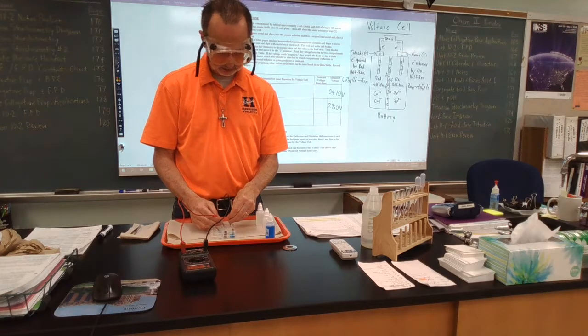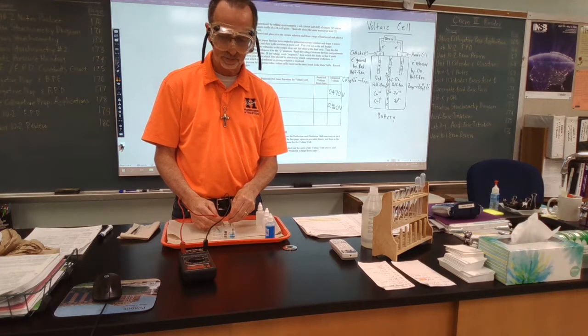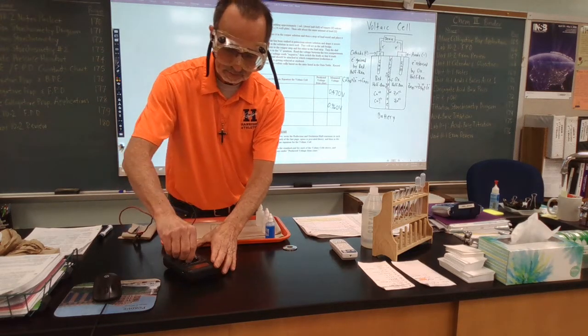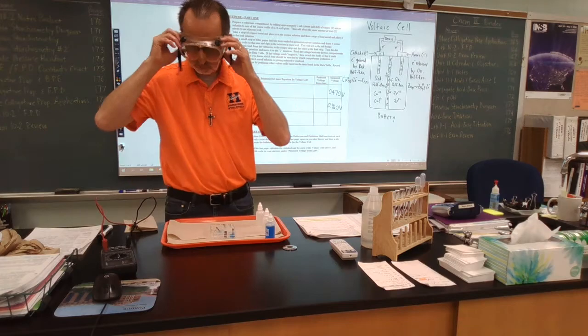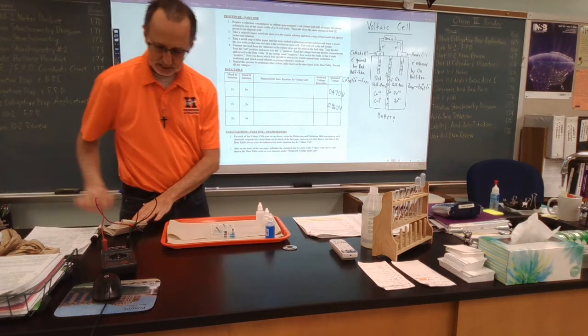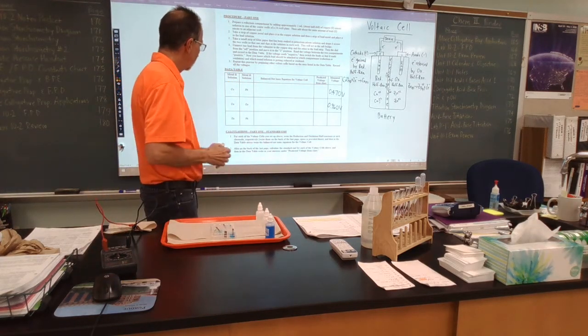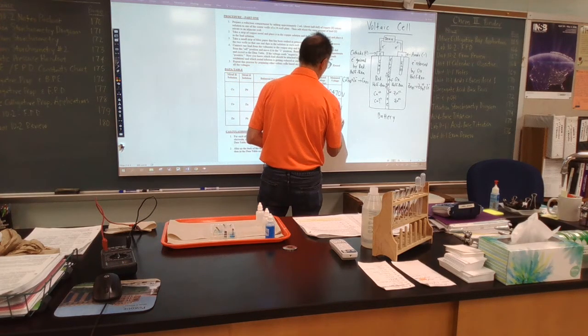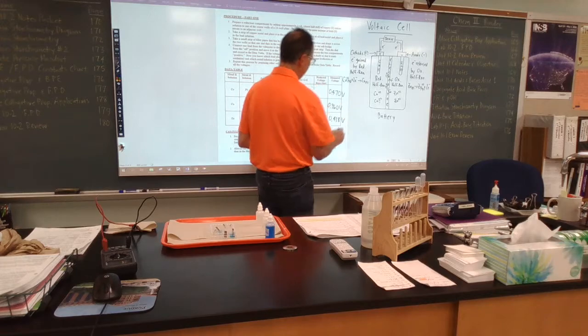The higher is about 0.4, how high is it going? 0.44, 0.45, 0.44. Okay, let's undo that, cut that off, take these off. And again, based on my best guess, the last one is right at about 0.438 volts.